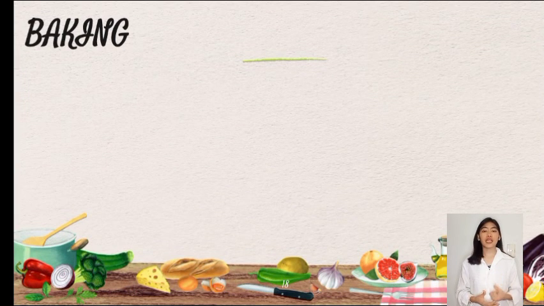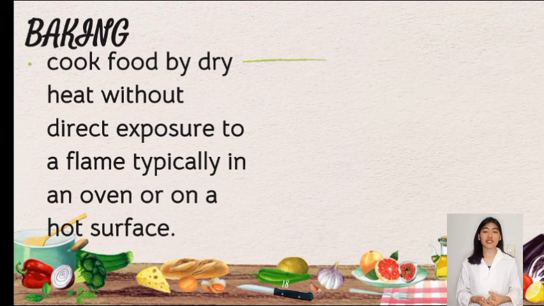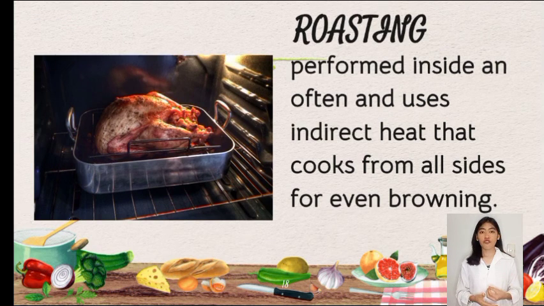Next we have the baking. It cooks food by dry heat without direct exposure to a flame, typically in an oven or on a hot surface. And then we have the roasting, which is performed inside an oven and uses indirect heat that cooks from all sides for even browning.